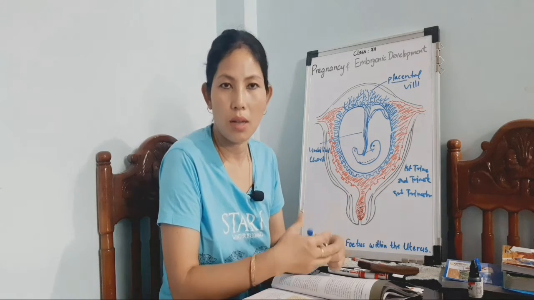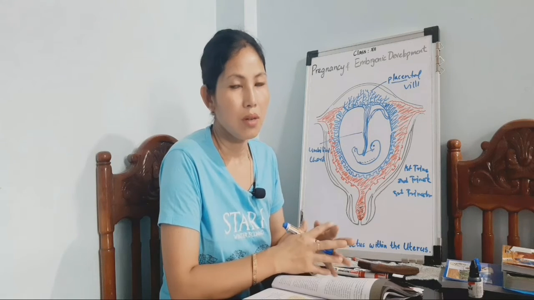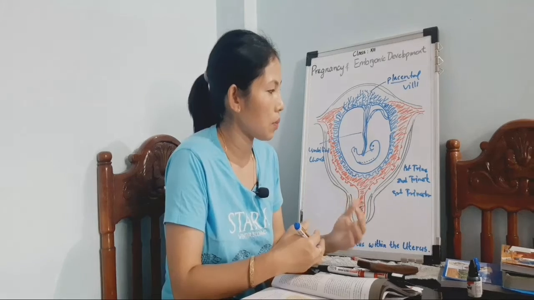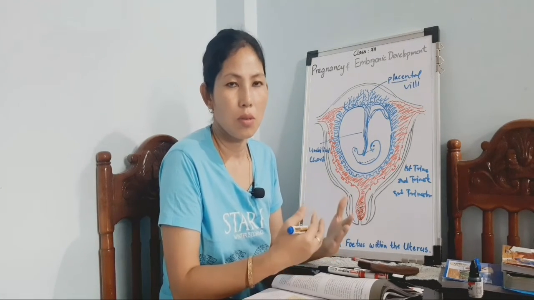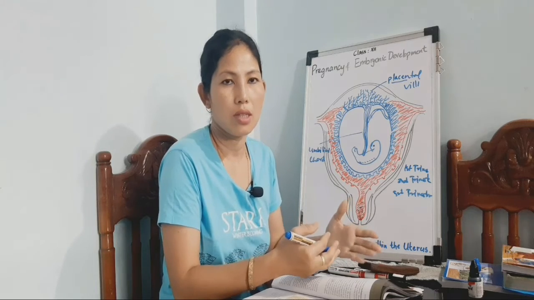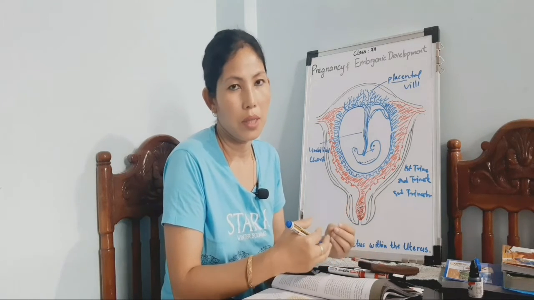The organ heart develops soon after the completion of 1 month, where the sound of the heartbeat can be easily detected by the doctor with the help of a stethoscope, right? And also at the end of the first trimester, many of the important organs are already developed by the end of first trimester.